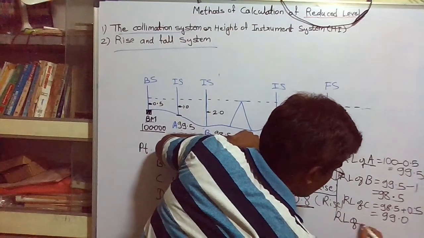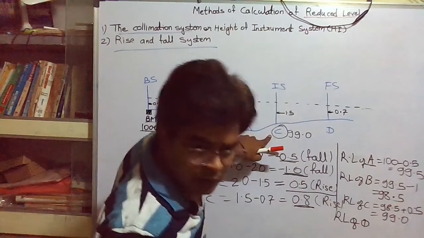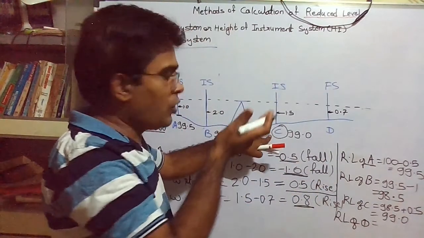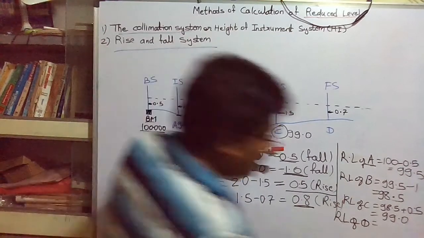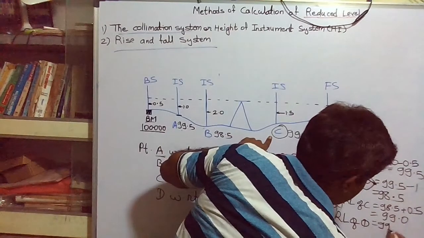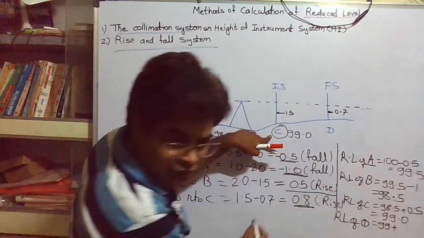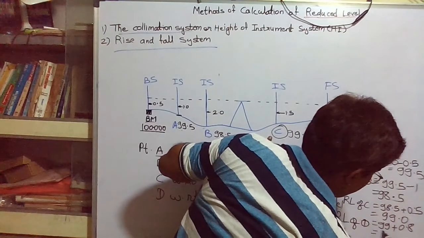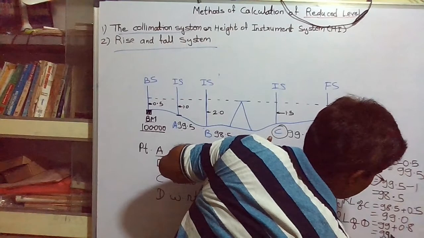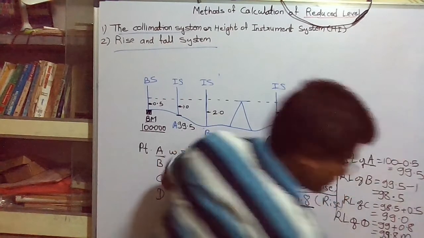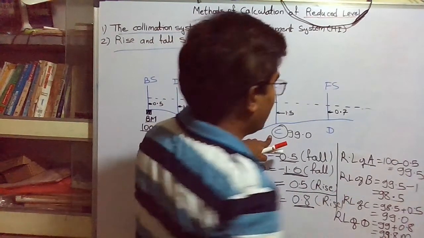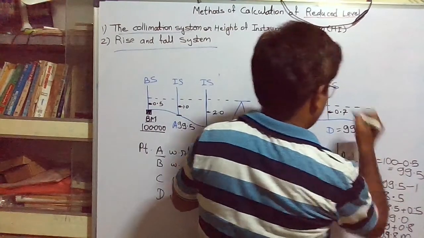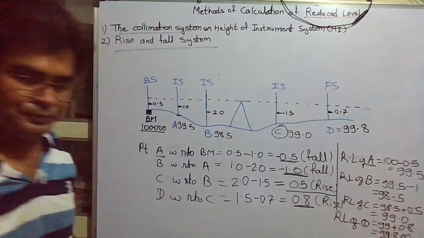RL of D is equal to, if there is a rise, we have to add it. So it is 99 plus how much rise? 0.8 meter. So here we are getting 99.8 meter. Okay, so RL of point D is equal to 99.8 meter.